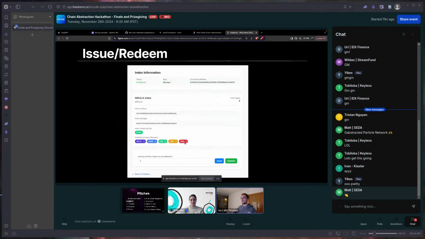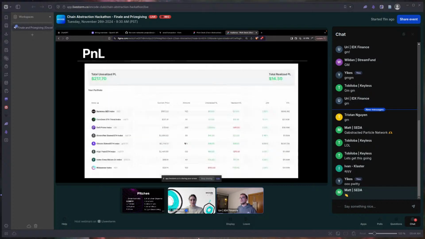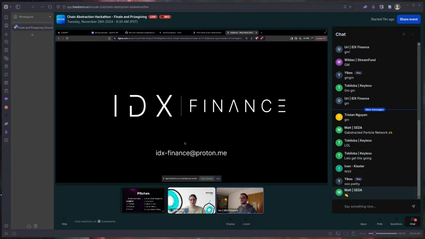When it comes to issuance and redemption, you can create these new tokens that will abstract the basket of tokens behind them, as well as redemption. Finally, there's a user-centric feature where you can see your own portfolio, and whatever you have won or lost, given your buys and sells inside the index funds market.